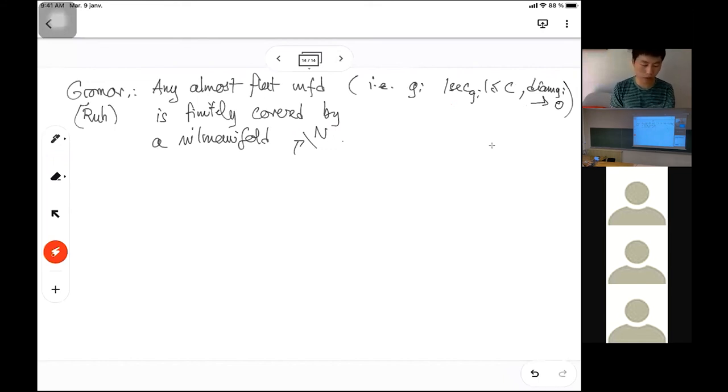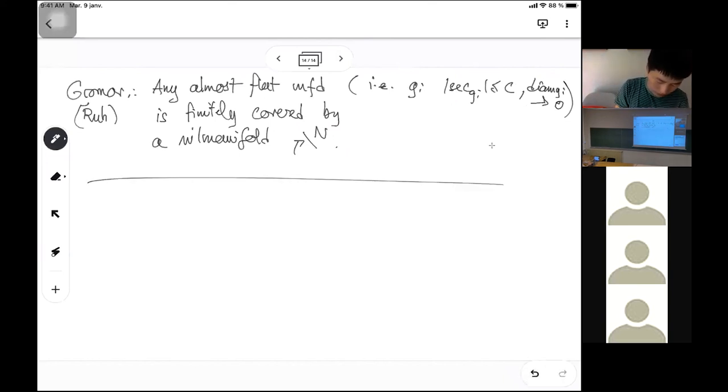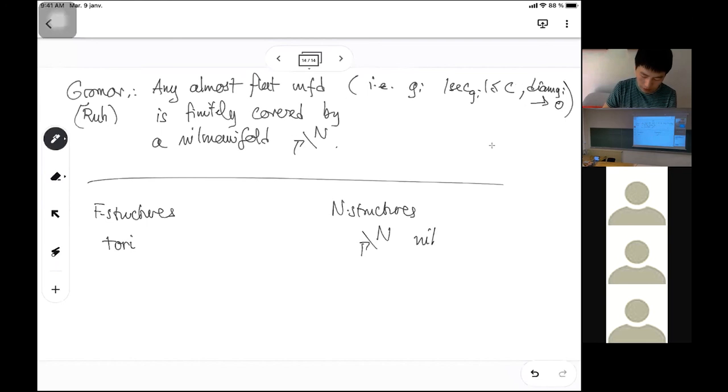And we will see next time that those nil manifolds are playing the role of tori for N structures. Let me compare a little bit. Tori play a fundamental role in the definition of an F structure, while for N structures, what's going to play this role is those nil manifolds.